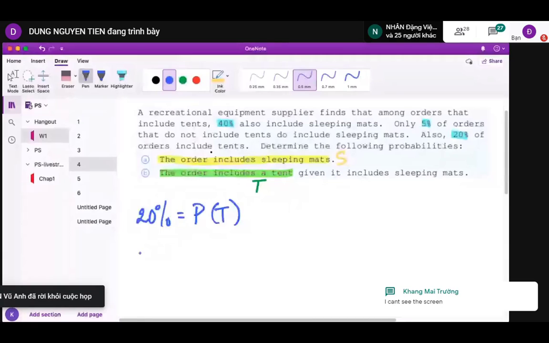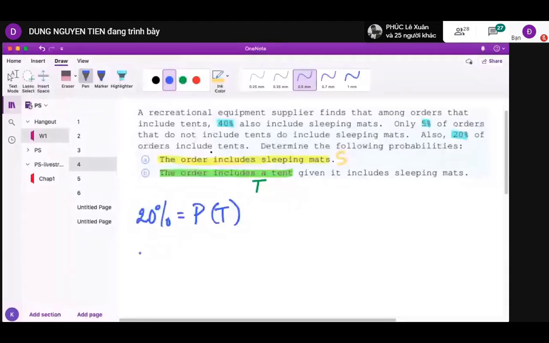Now I'm going to use this tree. The whole thing is to compute probabilities about S, the event that the order includes sleeping mats.